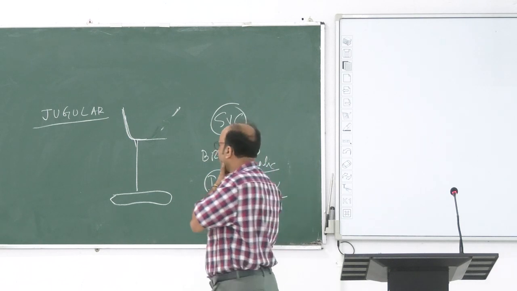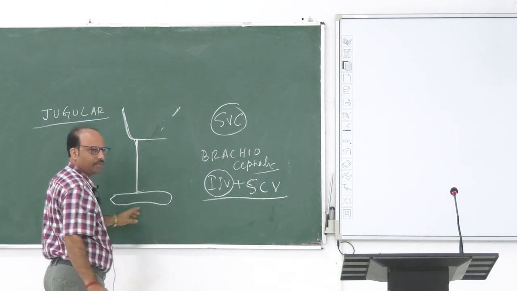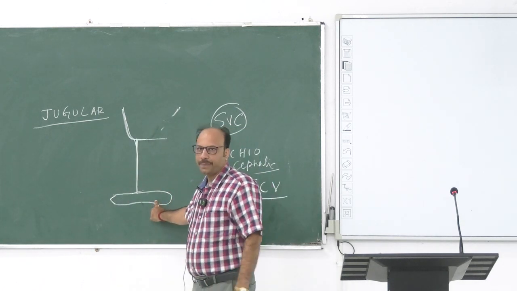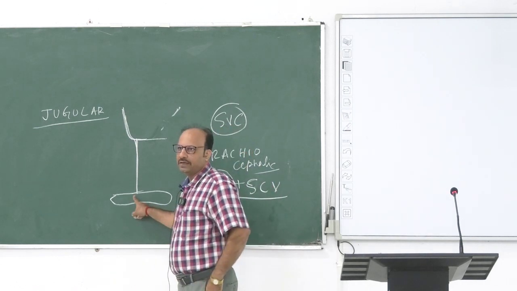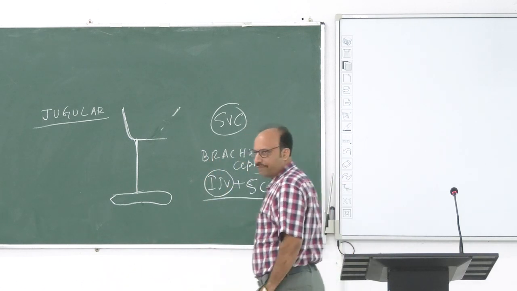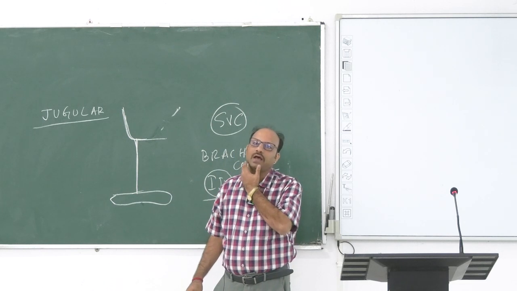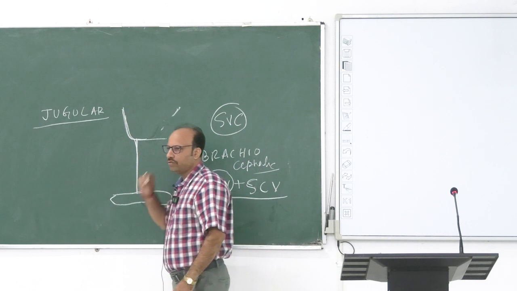And this is the clavicle, so the midpoint of the clavicle. You can draw the surface marking of the external jugular vein by a line from the angle of the mandible up to the midpoint of the clavicle. This is the external jugular vein.